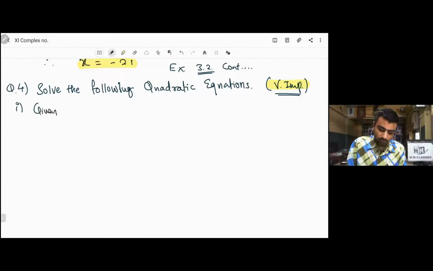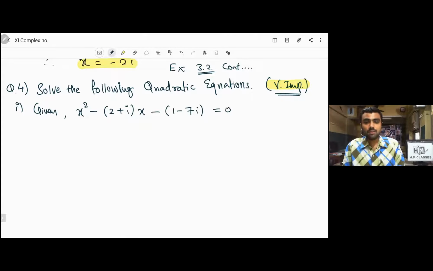Given the quadratic equation x square minus (2 plus i) x minus (1 minus 7i) equals 0. This is the given quadratic equation. Now similarly you have to go with the formula method that you have already done in the last questions.